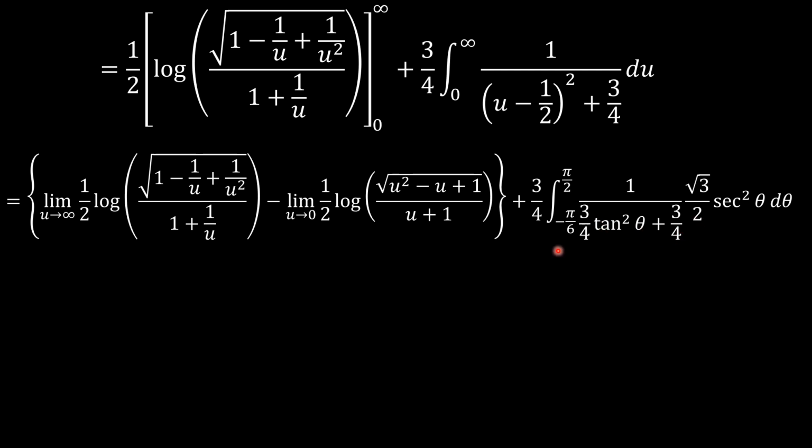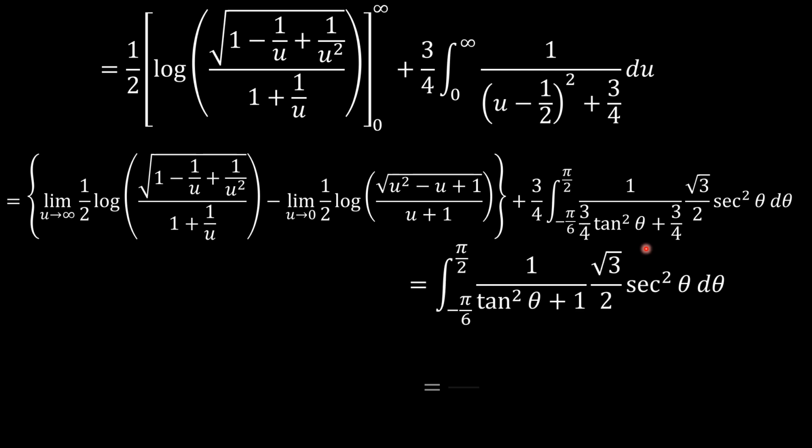So we can factor out 3 over 4, and this would cancel out. And then we have here root 3 over 2 pulled out, integral from negative pi over 6 to pi over 2, because tan squared theta plus 1 is the same as sec squared theta, so this would cancel out. So we're now just integrating 1 from negative pi over 6 to pi over 2.